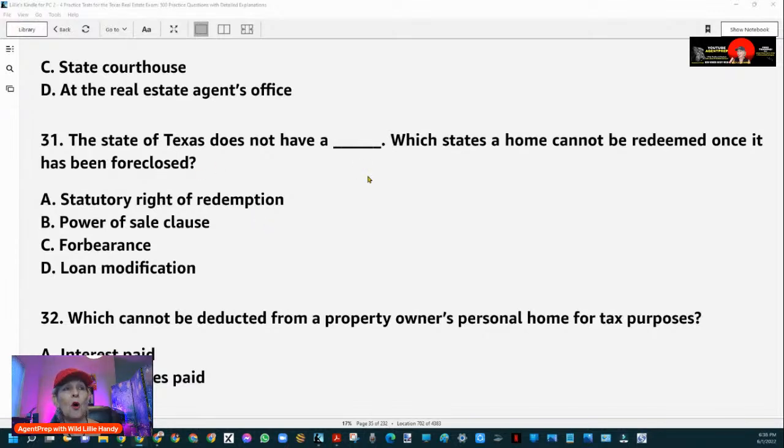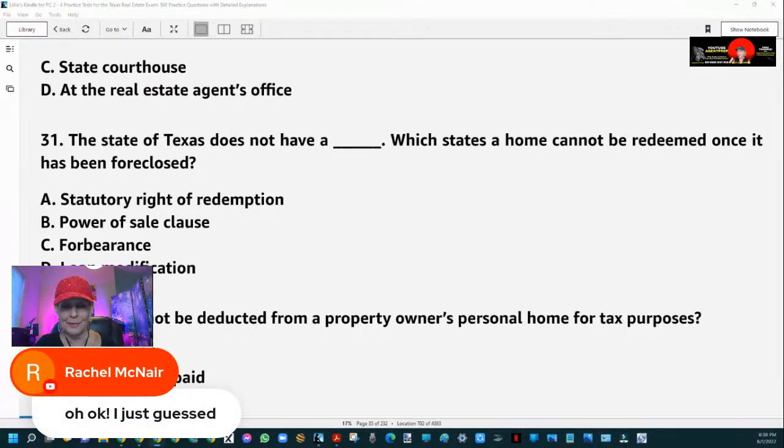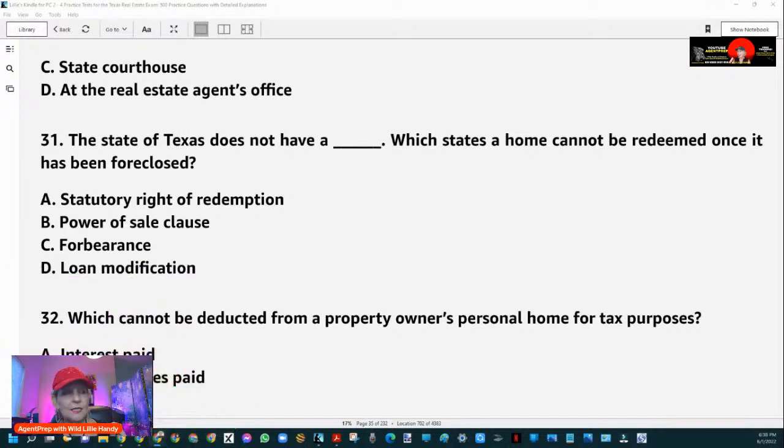So once a home is foreclosed, they cannot redeem it. Now, if it is foreclosed because of property taxes, they have up to 2 years. Okay, she guessed right. Well, that's good. Yes, the statutory right of redemption. They give you a little bit of a clue, right?